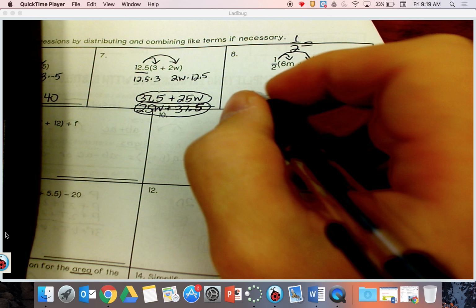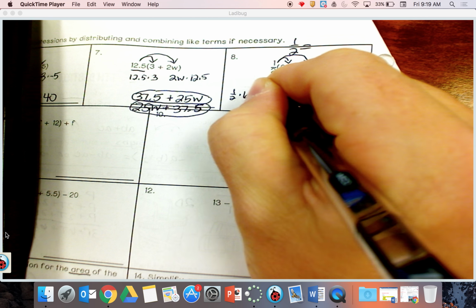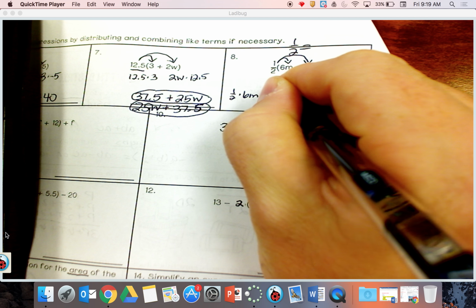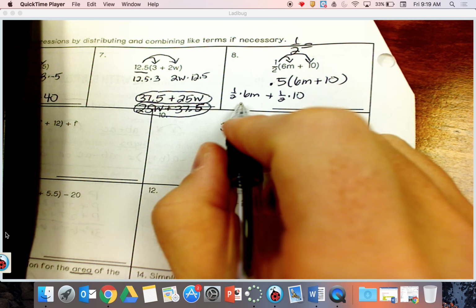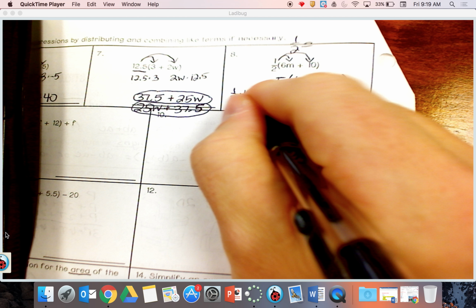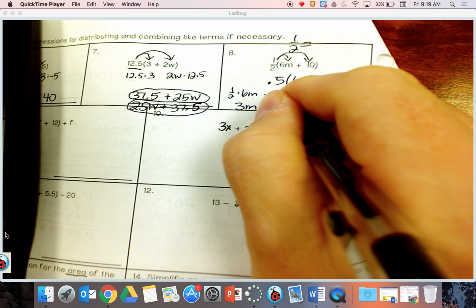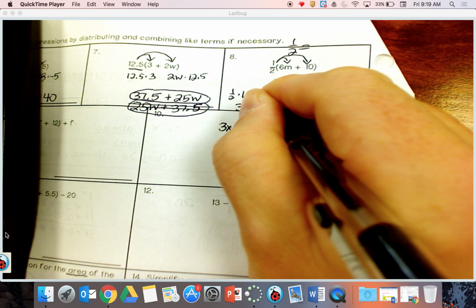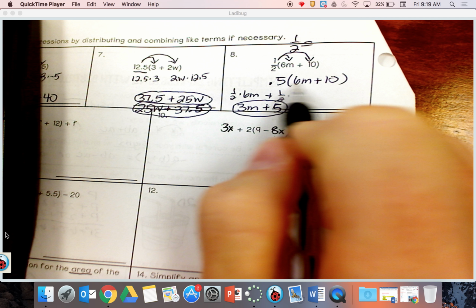So if I do this here, I have 1/2 times 6m plus 1/2 times 10. A half of 6 is going to give me 3. A half of 10 is 5. So that's my solution.